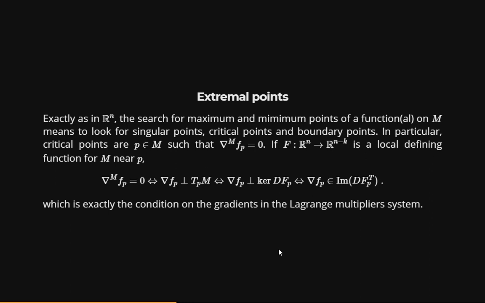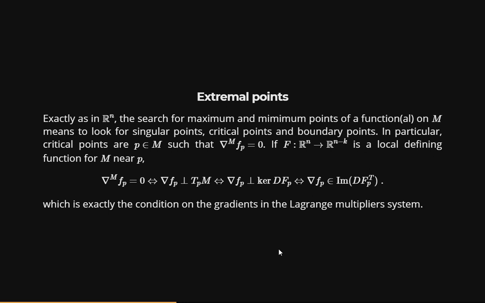As in Rn, you have the trichotomy: you have the singular points where f is not differentiable, you have critical points where the gradient of f vanishes, and you have boundary points, maybe. We haven't talked about manifolds with boundary, but you can cut a manifold with some inequality condition and you obtain a boundary. Critical points are where the gradient vanishes.